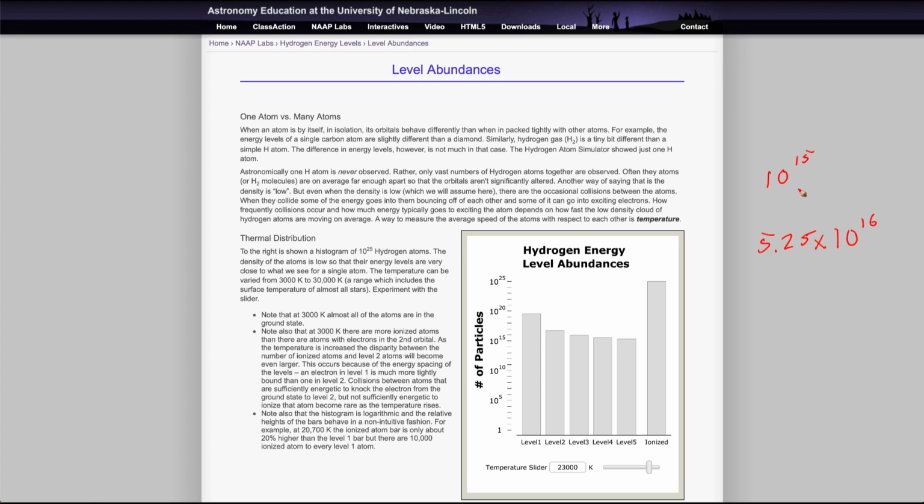When you're scaling it to 10 to the 15th, you essentially can get rid of 15 of these zeros here. So this becomes a 1, and 5.25 times 10 to the first becomes 52.5. So for the purposes of the graphs, you just want to remove 15 from this exponent and then figure out what your number is. And that's what's going to go on your graphs.